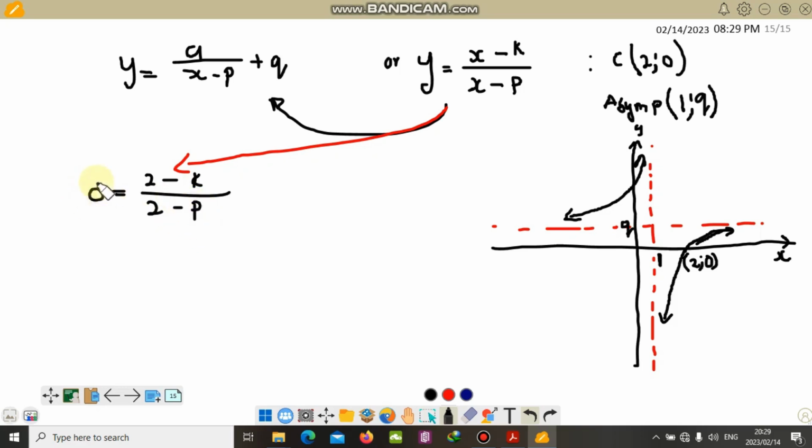So because this left hand side is 0, when you cross multiply, you'll remain with 0. If you do a cross multiplication, guys, this is just going to be 0. So you only remain with 0 is equals to 2 minus k. Therefore, k is equals to 2. So we don't have to know p from here, because when you multiply p by 0, you'll just get 0. So that's why I don't worry much about that for now.